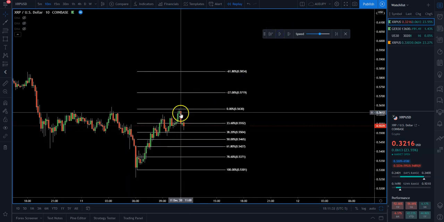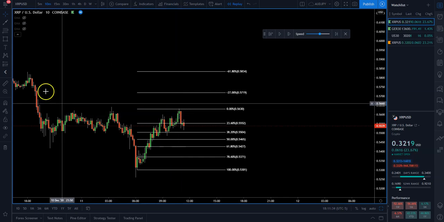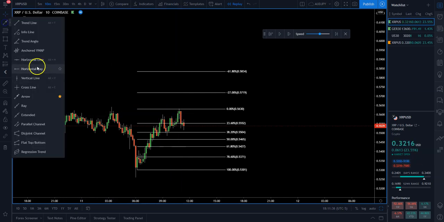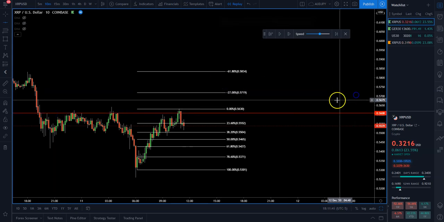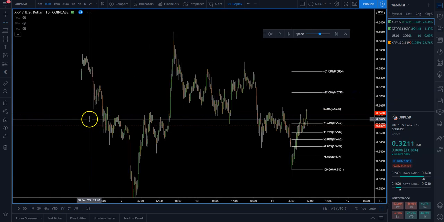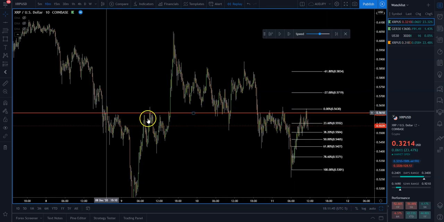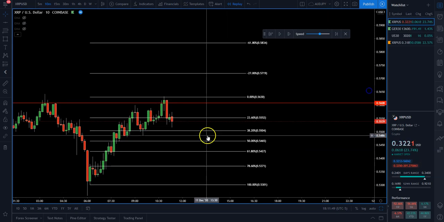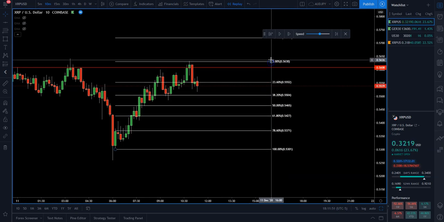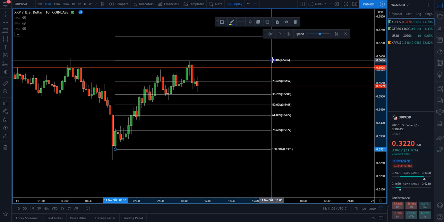So now, me seeing this as a rejection point, which correlates with that zone, which is also a support resistance zone, as you can see. So I'm like, okay, cool. That's a rejection point. Let me draw my fib. So I'll go ahead, draw my fib.